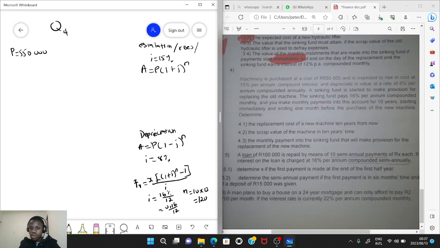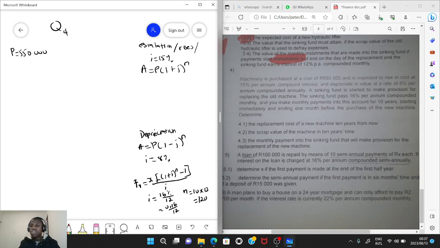The sinking fund pays 16% per annum compounded monthly, and you make monthly payments into the account for 10 years, starting immediately and 1 month before the purchase of the new machine.